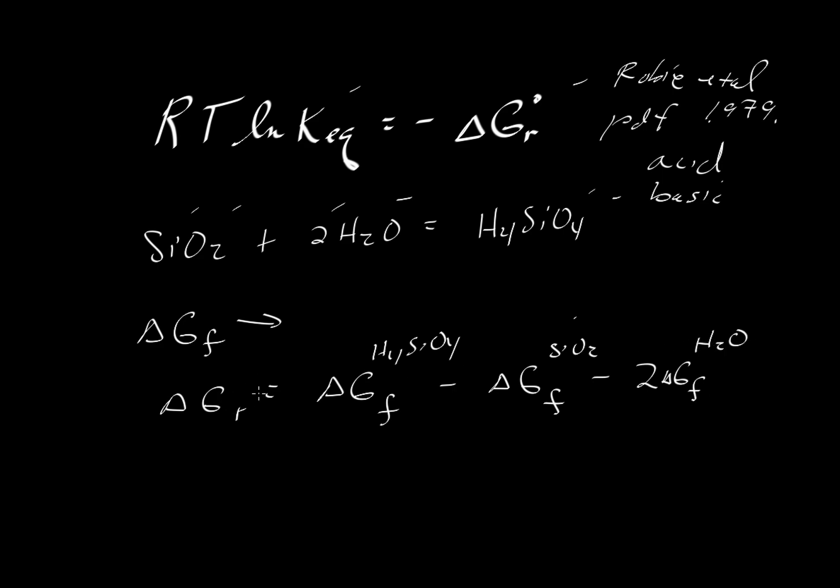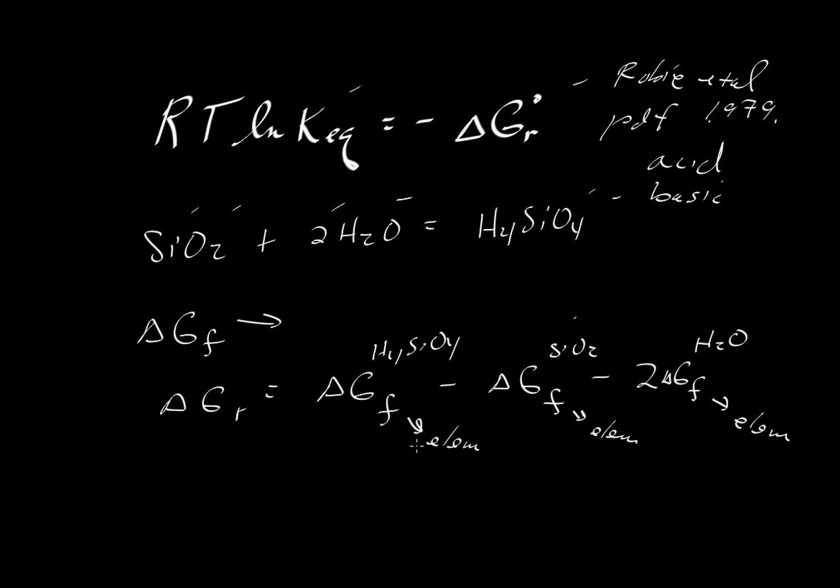So here we're going to write the Gibbs free energy of reaction as a sum of the Gibbs free energy of formation. So long as we're consistent and all of these are from the elements, and that's what we're going to use for the values that I'm going to show you in a moment. So long as all these are derived from the same thing, let's say from the elements, then we are good and we can make this kind of comparison.